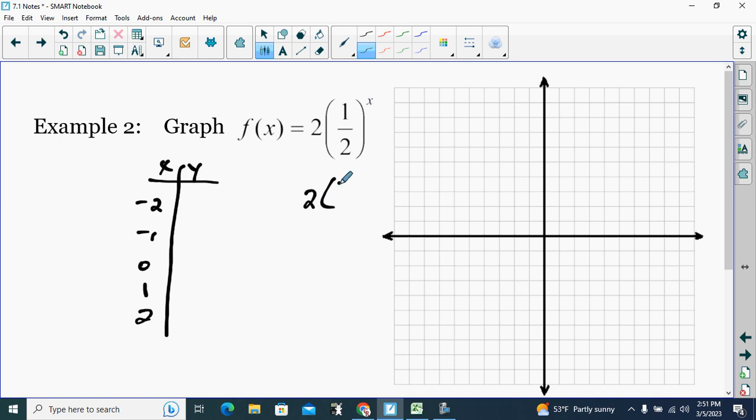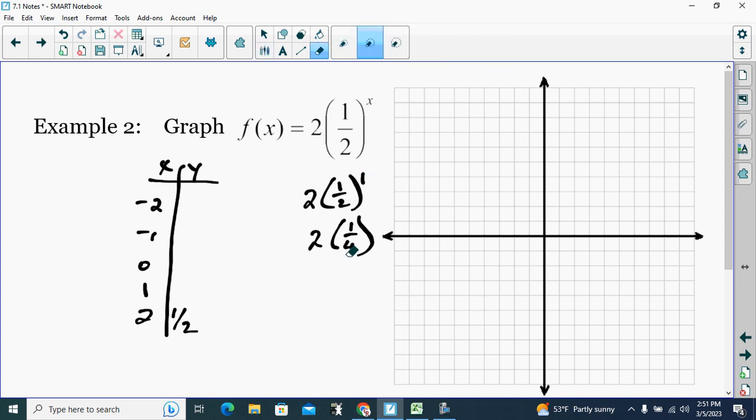We've got 2 times 1/2 squared. 1/2 squared would be 1/2 times 1/2, or 1/4. 2 times 1/4 is 1/2. Plugging in 1. 1/2 to the 1st is 1/2. 2 times 1/2 is 1. Plugging in 0. 1/2 to the 0 is 1. 2 times 1 is 2.